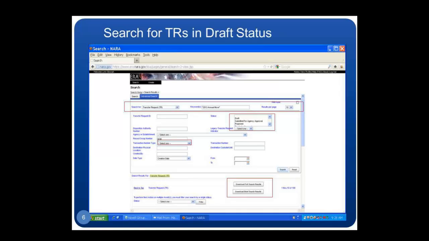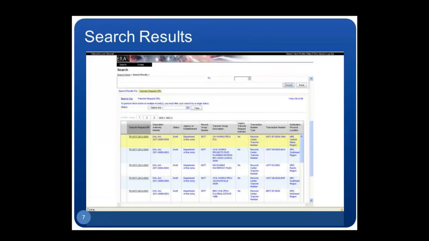When applying the search criteria and selecting the search button, search results will display, which would appear similar to that which is being displayed on the screen currently. As you can see, these search results include a listing of transfer request numbers. The first column on the left is the TR number.